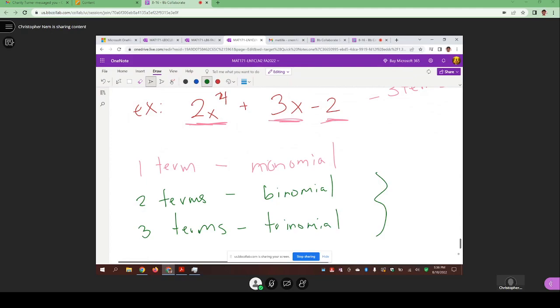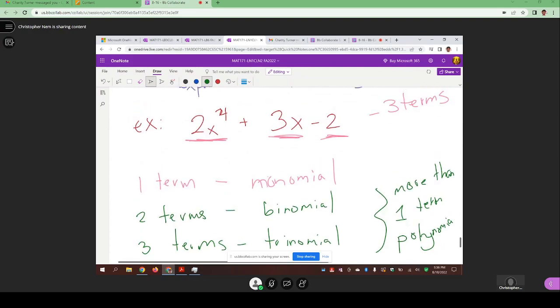And anything more than 1, I call that a polynomial. So these are how you name expressions. Expressions can be called polynomial, monomial, binomial, trinomial, etc.